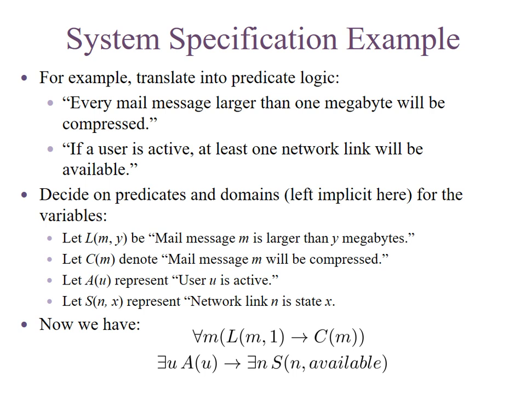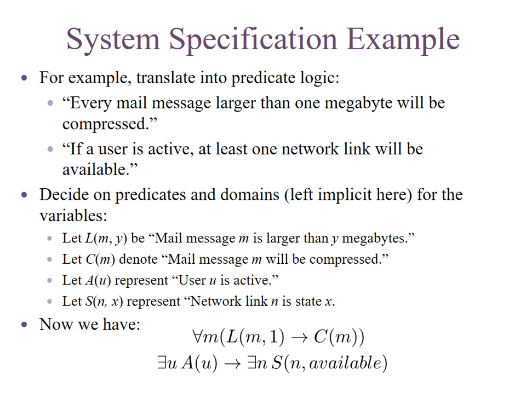That makes sense, because very large email will be compressed. And the second one: if a user is active, at least one network link will be available. That's a system spec, right? Because we have active users, so we must provide available network links for that user.